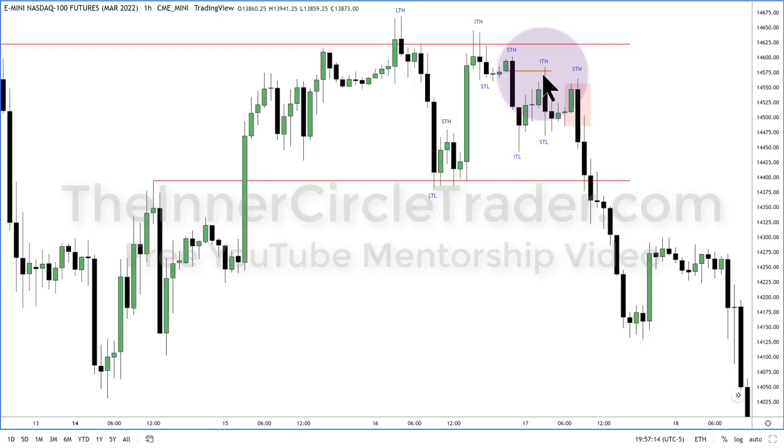But the way I'm internalizing it, and you'll see what I mean as I go through this lecture, every rebalance of an old imbalance, that swing that's created at that moment, I immediately label that in my mind as an intermediate term high, or in this case, as we came back down and filled in this by dropping down here, that's an intermediate term low. What does that mean? What's the significance of that? Typically, what you'll see is an intermediate term low has a higher short-term low to the right of it and a higher short-term low to the left of it.